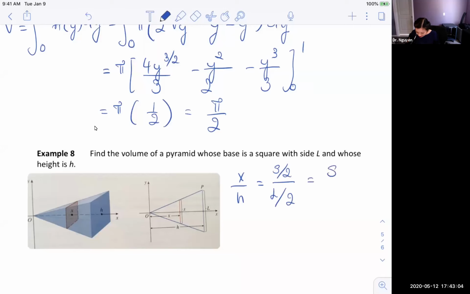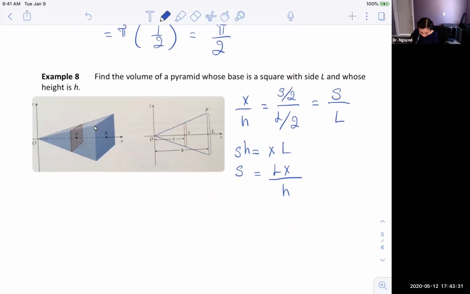Which is just S over L. Now, I want to solve for S. So we're going to cross multiply, right? So S times h is going to be x times L. So S is going to be Lx over h.